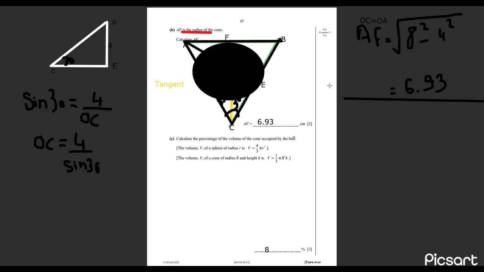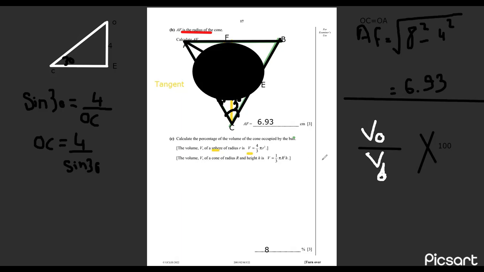Okay, let's do this. We need the volume of the sphere, which is the ball, divided by the volume of the party hat, the cone, multiplied by 100. That's it. Very easy question, and he gives you the rule.